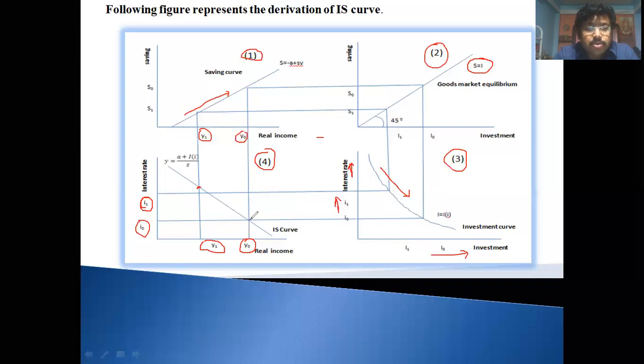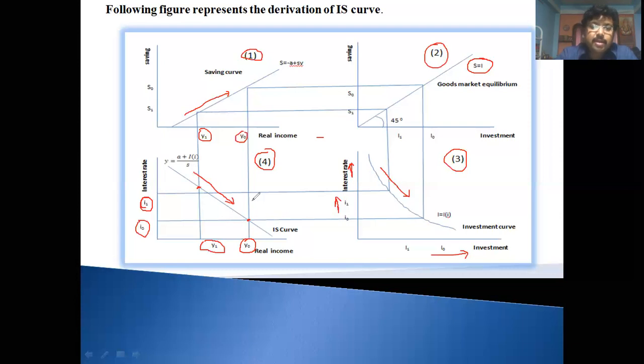So this Y0 comes from this, and this I0 comes from this. So by using these three quadrants, we get this fourth quadrant, and this is the IS curve.